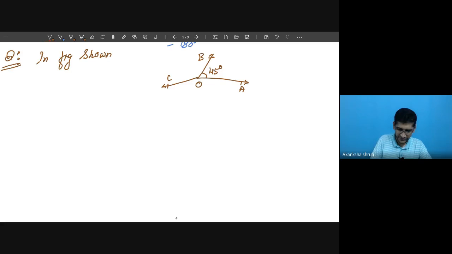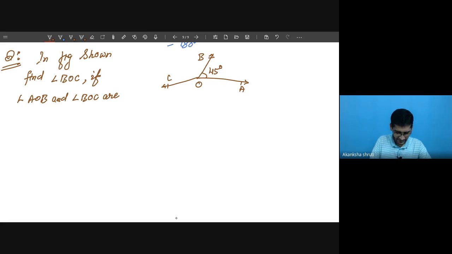So in the figure shown, find angle BOC if angle AOB and angle BOC are forming a linear pair.